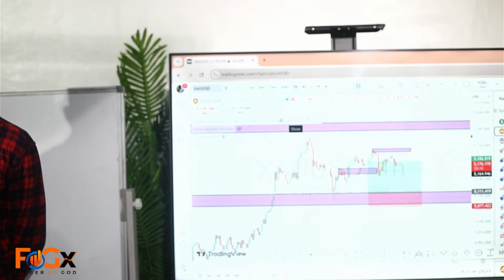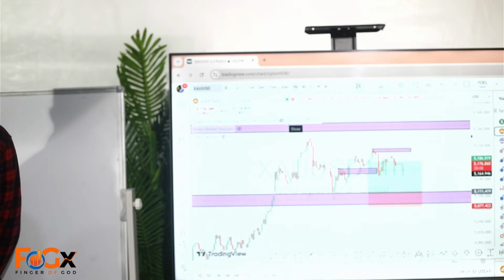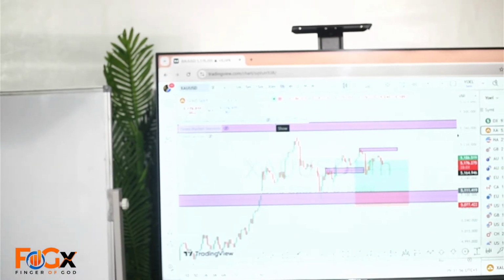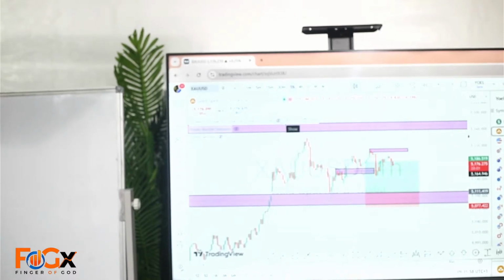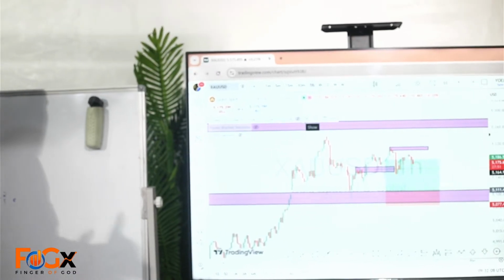Notice that the candlesticks do not have a specific direction, just going up and down. The word ranging simply says that price is in a range.